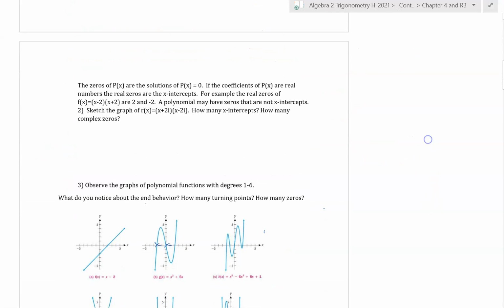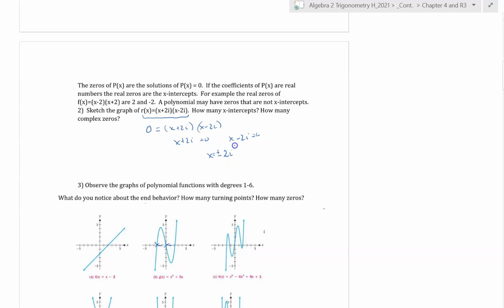If you consider r of x, right here, r of x, first of all, if you set r of x equal to 0, notice that our zeros are at plus or minus 2i.